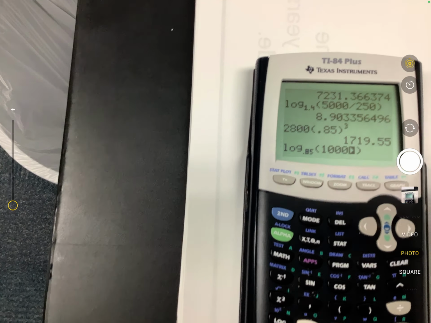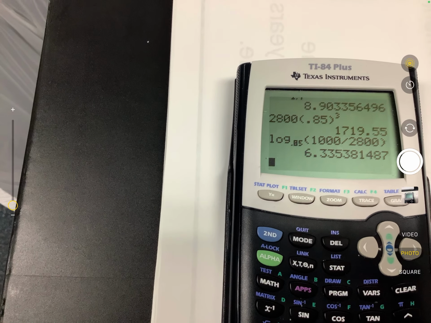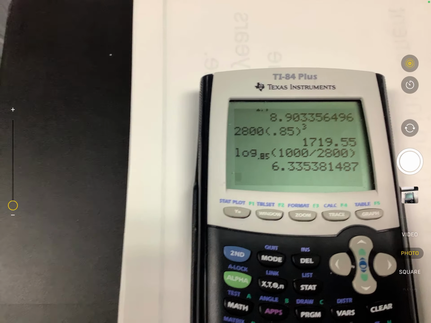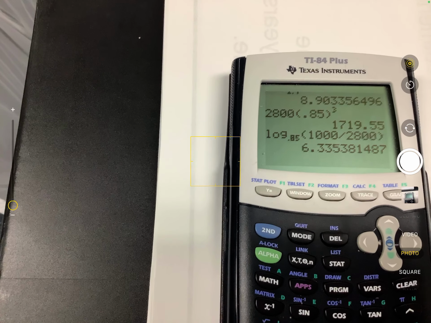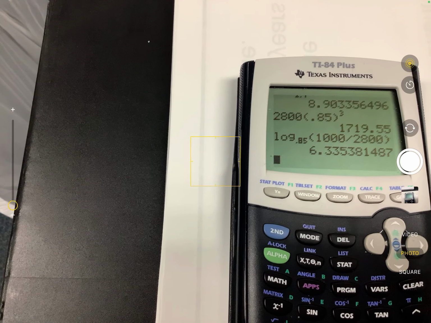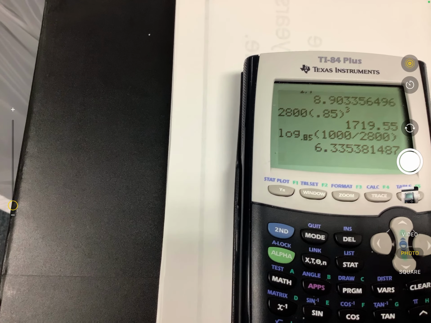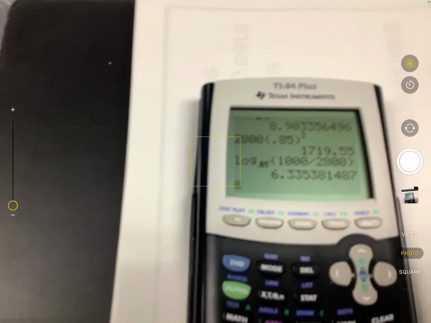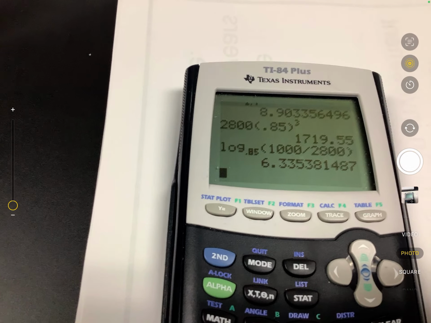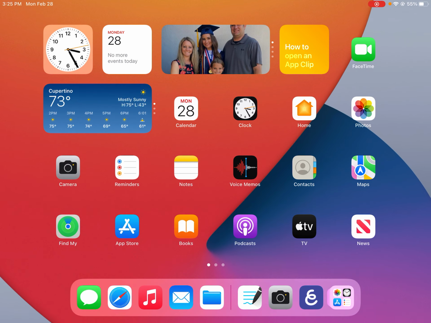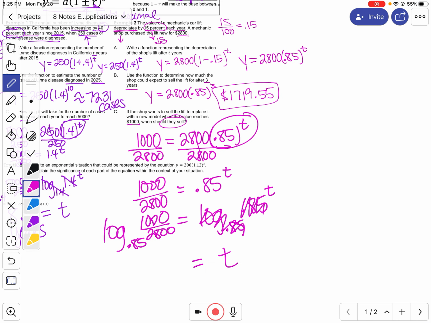We'll just round to 2 decimal places. So that's 6.34. And we're talking about the time, so you can just write it as 6.34 years, because we can have a partial amount of a year.